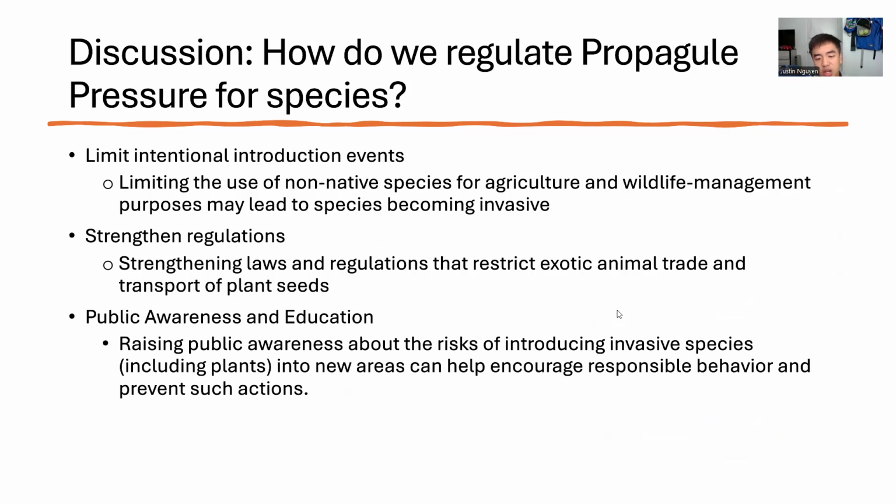We can also strengthen regulations. This includes laws that regulate the exotic pet trade and exotic plant trade, ensuring that non-native species are not accidentally or deliberately introduced. Finally, public awareness. Educating people about the risks of introducing invasive species and encouraging responsible behavior can prevent many introduction events from ever happening.